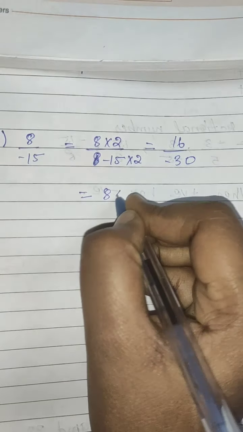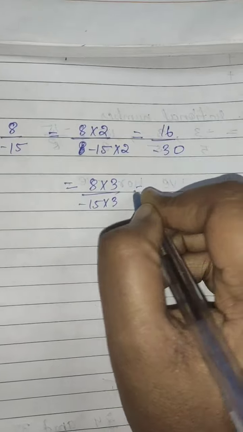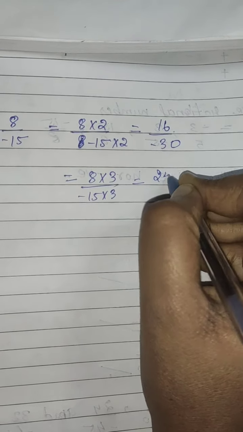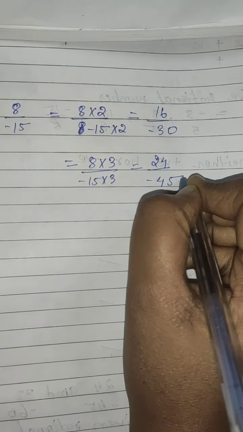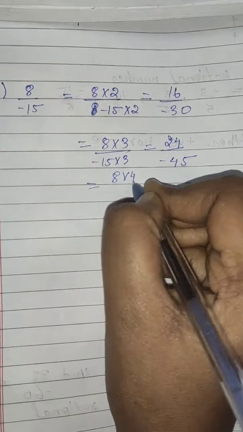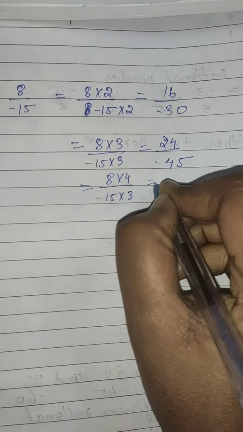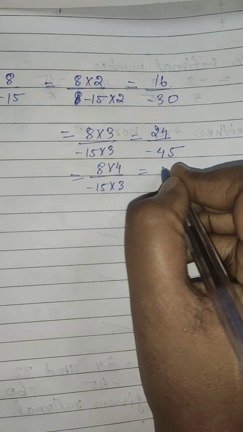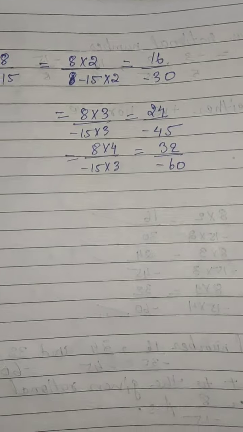Now we will multiply with 3. What do we get, students? We get 24 by minus 45. Now we will multiply with 4. Tell me, students, the answer. 32 by minus 60.